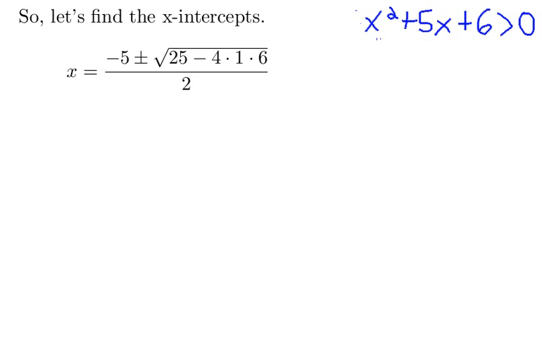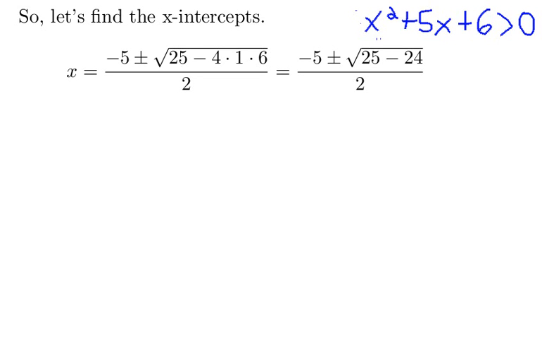And I will tell you now that in the end we're going to get 2 different whole numbers, but I still thought it'd be nice to practice this stuff. So we're still going to get negative 5 plus or minus the square root of 25 minus 4 times 6, which is 24, and still over 2.